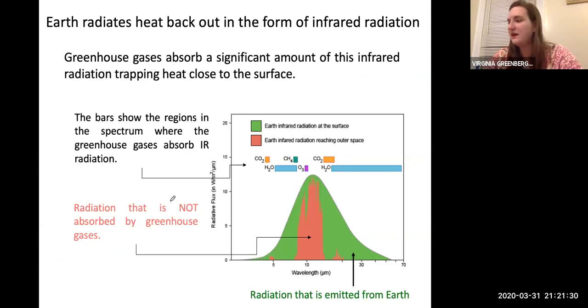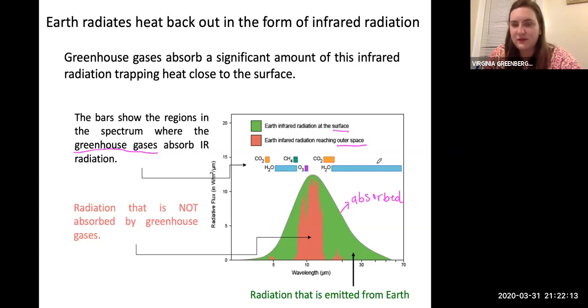Okay, and so we talked a little bit about this plot previously. We said that this green region corresponds to the amount of radiation in the infrared region that's at the Earth's surface. And then the red is what's capable of leaving and passing through our atmosphere. And so the green that's shown beneath the red is what is absorbed by the atmosphere. And the gases that are contributing to that absorption are what we call the greenhouse gases.